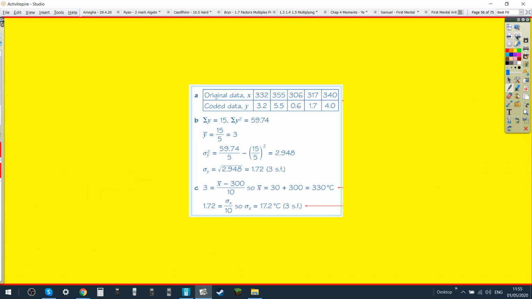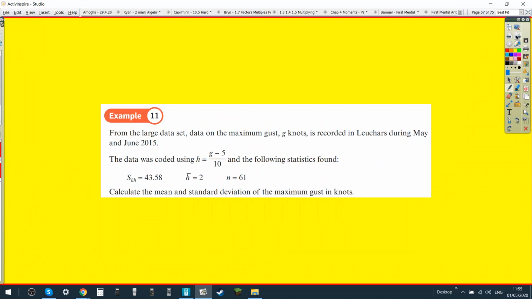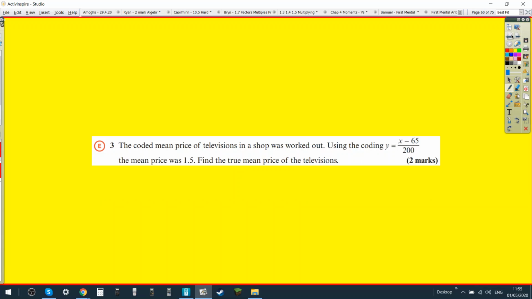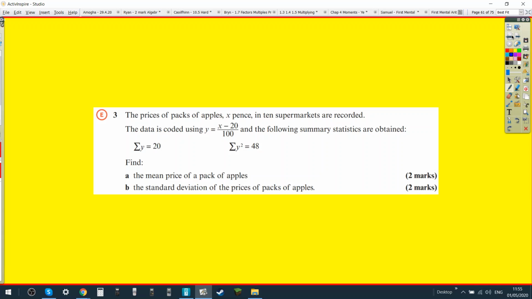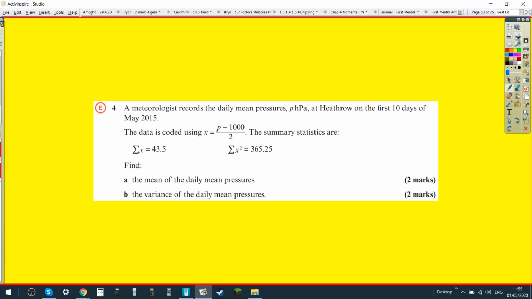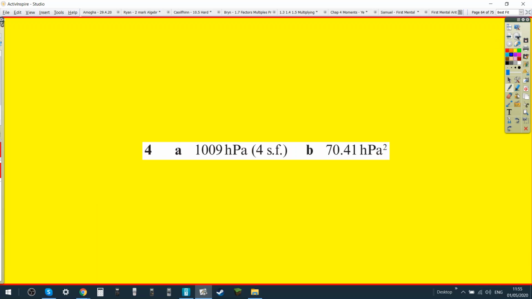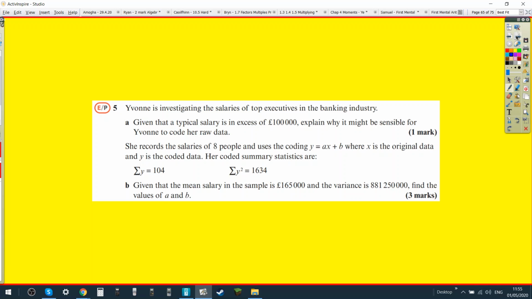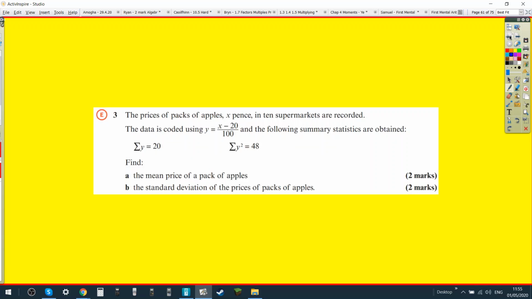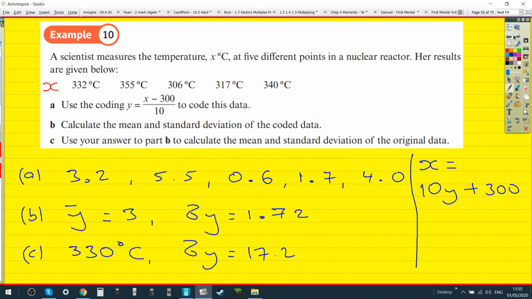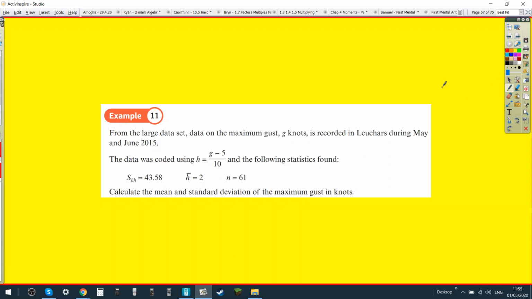Yeah. So we'll just try. Let me see this one. The data was coded. Hang on. Also, they tend to give you the coding. Okay, now let's just stick with what it actually is.